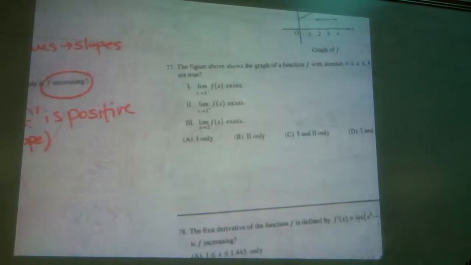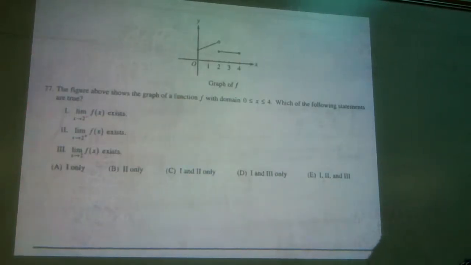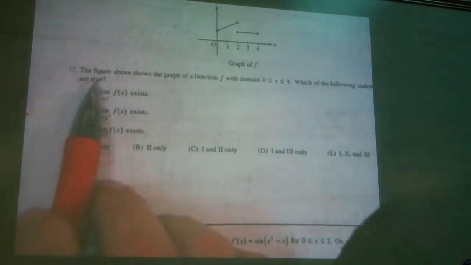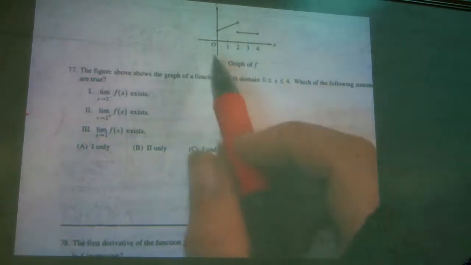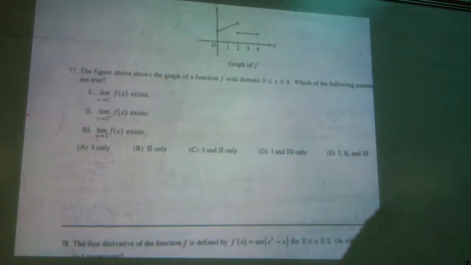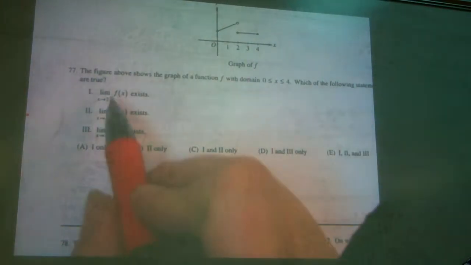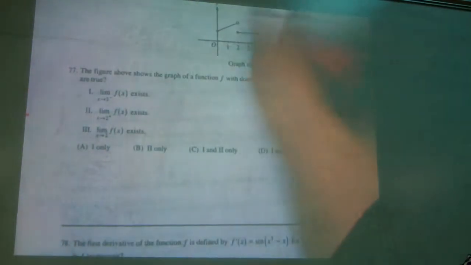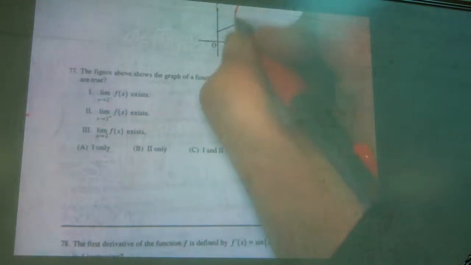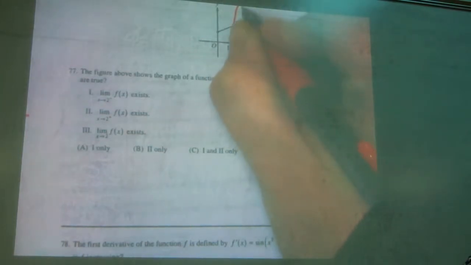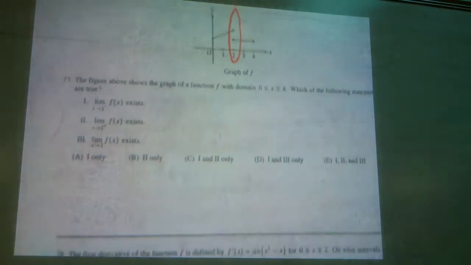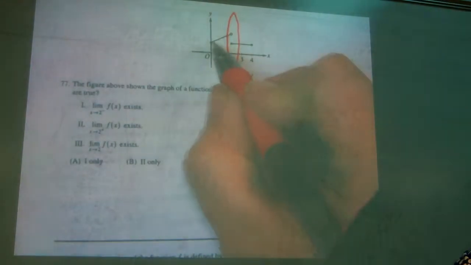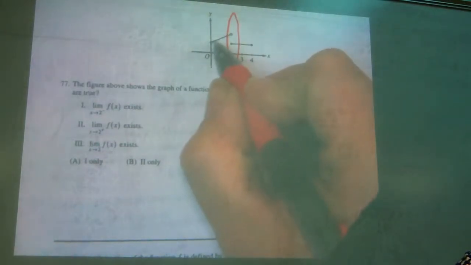Okay, so then on 77, this is a limit problem. We haven't done limits since last semester. So the figure above shows the graph of a function f with domain 0 to 4. Which of the following statements are true? The limit as x approaches 2 from the left exists. So here's 2. And so it's saying, can we approach a specific height on this graph if we come towards 2 from the left?